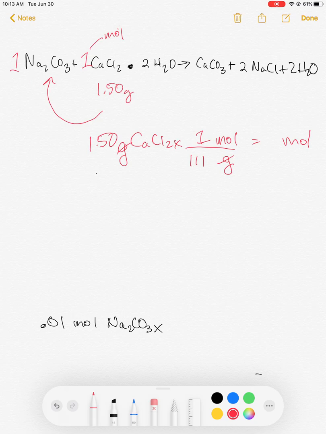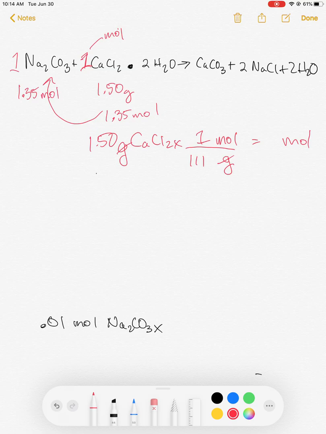Okay, 1.35 moles. Let's do that again. 40 plus 71, divided by 1.5. Okay. Now, since these react on a 1-to-1 mole basis, that means you must have 1.35 moles of sodium carbonate.